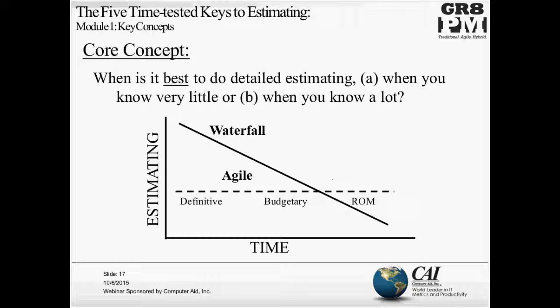In the near-term horizon, you can, in fact, give definitive estimates, and you need to, in order to help the team organize its execution of the project. In the midterm, budgetary level estimates are possible, or can be reliable enough to aid and support decision-making on the midterm time horizon.